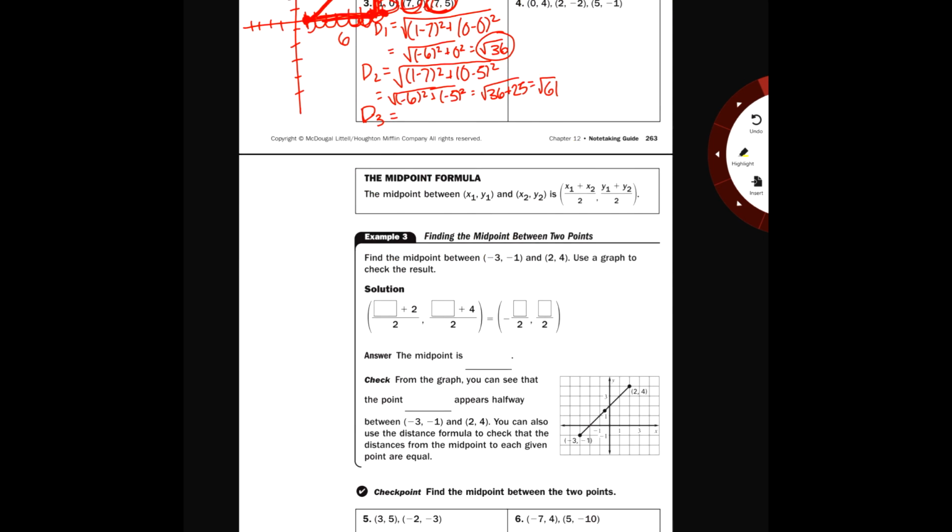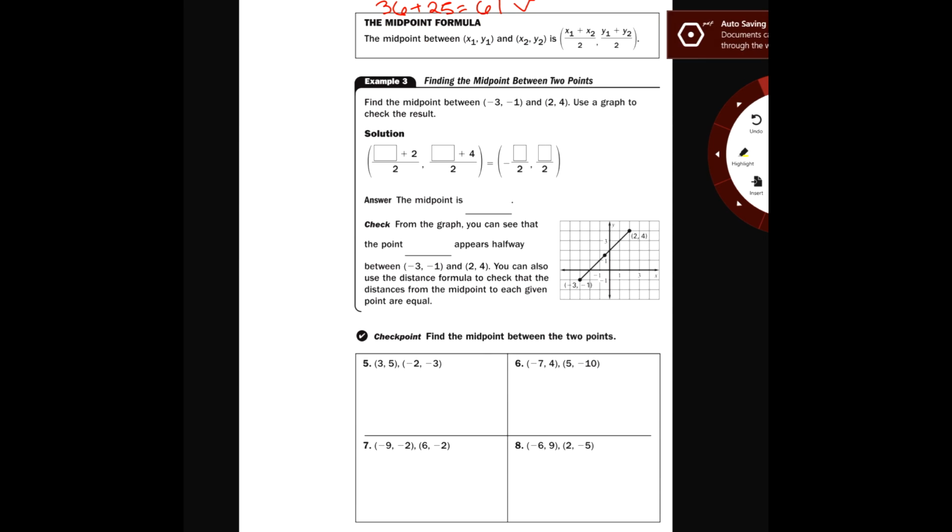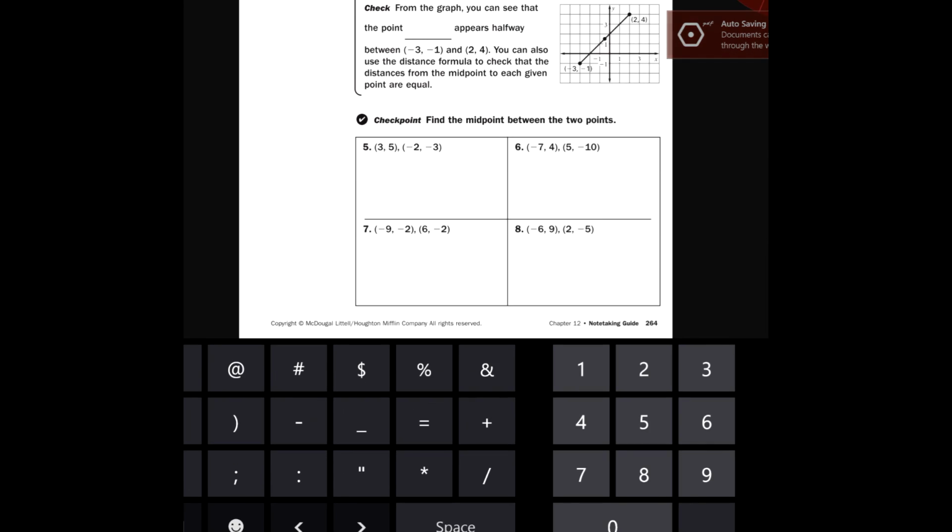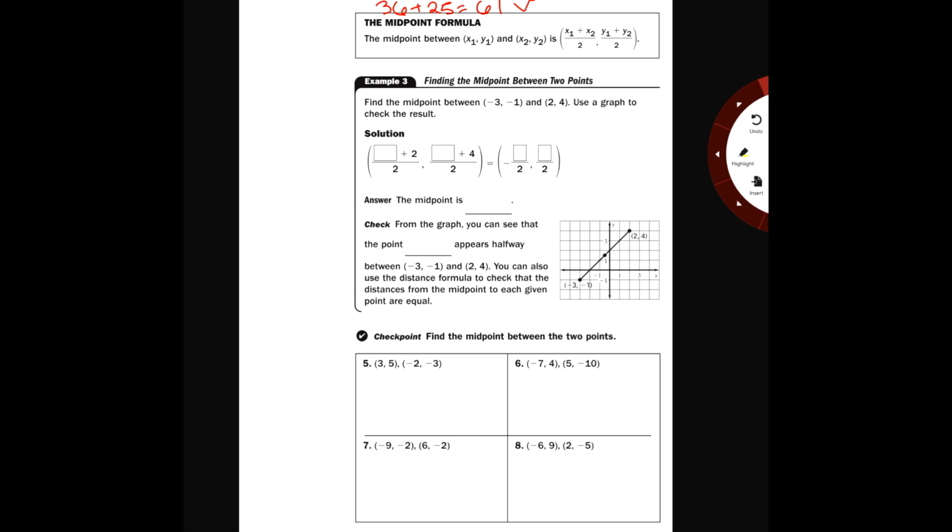We are on our last page. So now we're on to midpoint formula, which actually is a lot easier than distance formula. It says the midpoint between 2 points. So we still have two coordinates, x1, y1, and x2, y2.